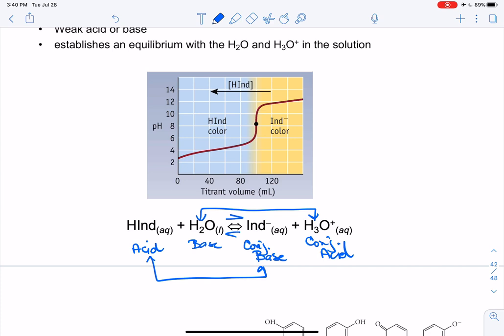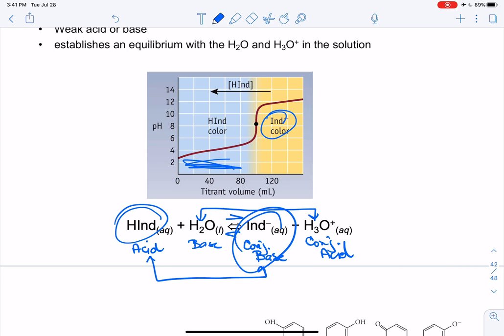So what you guys can see on the graph here is that when we have the protonated indicator, with the H plus on it, the acid version, we're over here in the blue. But once we get to a position where most of the molecules are in the conjugate base version, over in this side, we get the color that is yellow, all right?